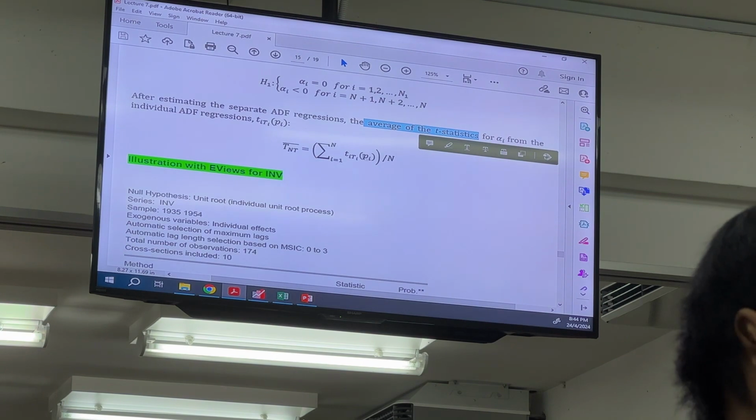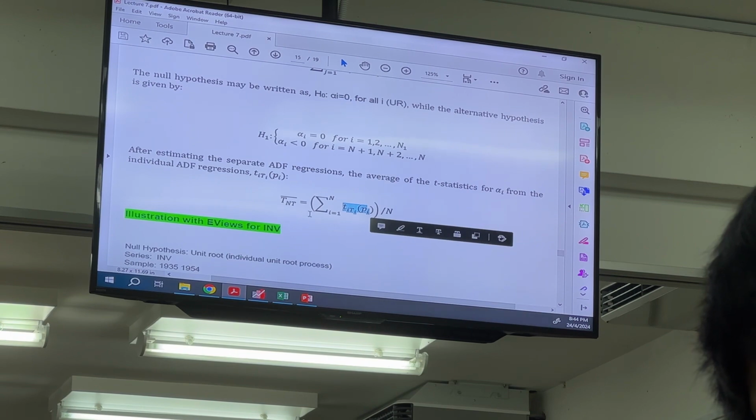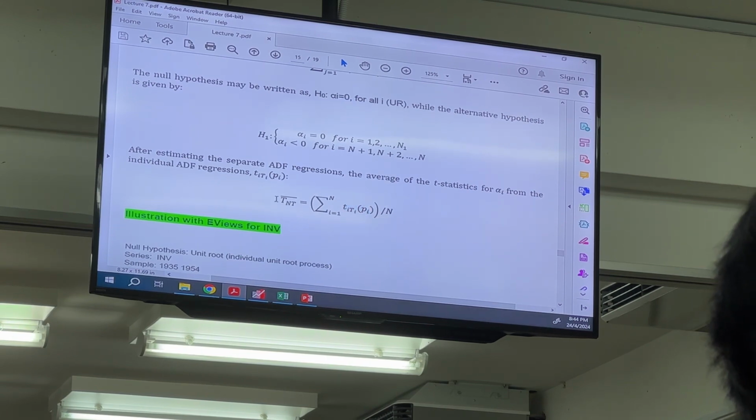This is how they calculate the test statistic: after they estimate the 10th ADF regression, they get the average of the test statistic for each firm. If I have 10, then divide by 10 to get the IPS test statistic.